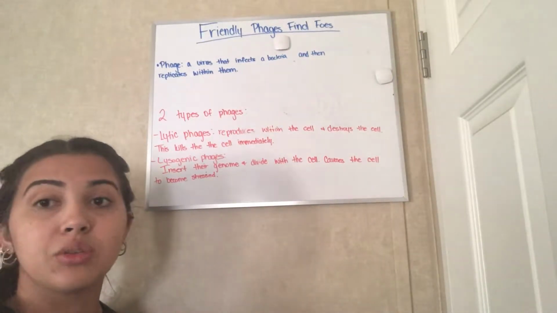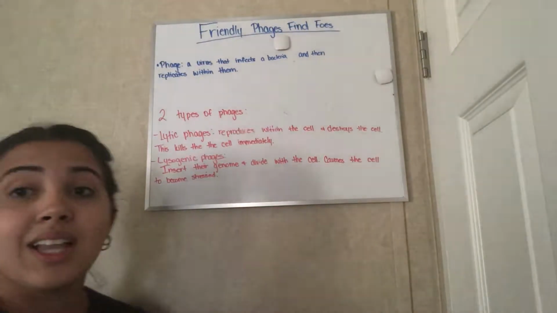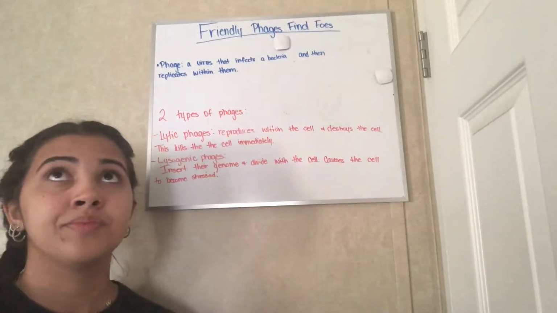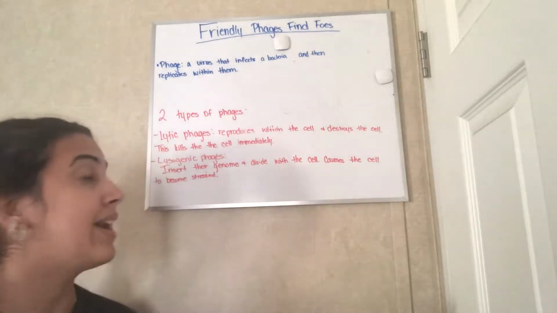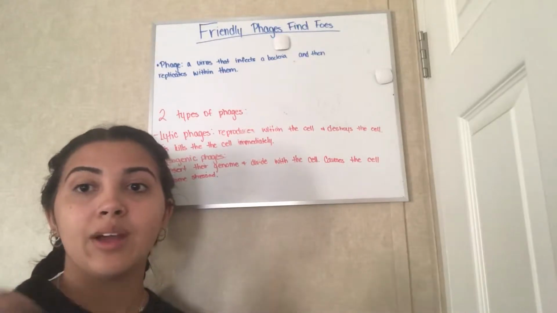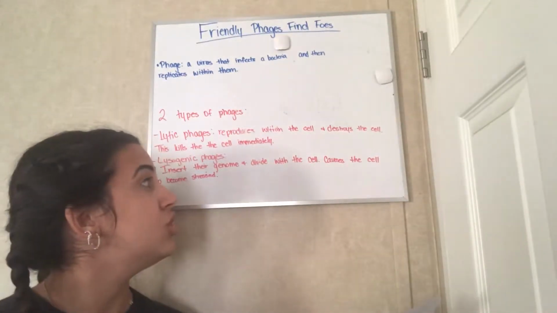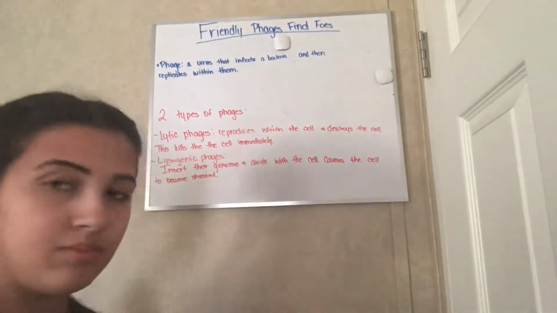This causes the cell to become stressed. So basically, a lysogenic phage actively or silently divides with the cell, and eventually they will take out their genome and go and cause stress to other cells.